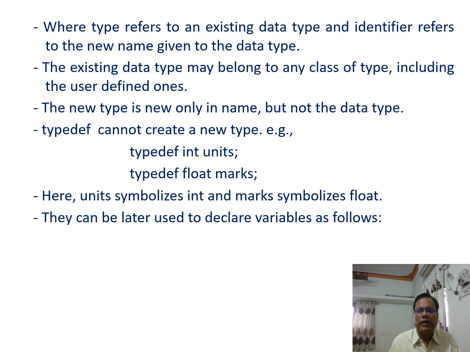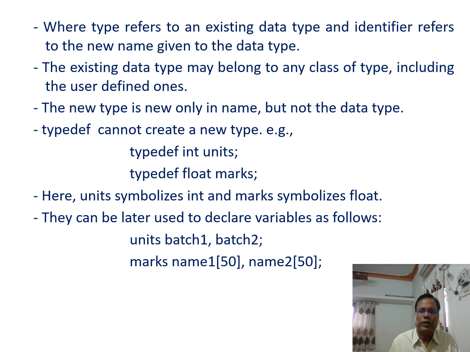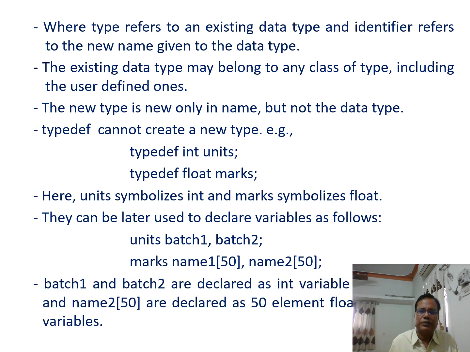They can later be used to declare variables as follows: units batch1, batch2; marks name1[50], name2[50]; with 50 elements each.